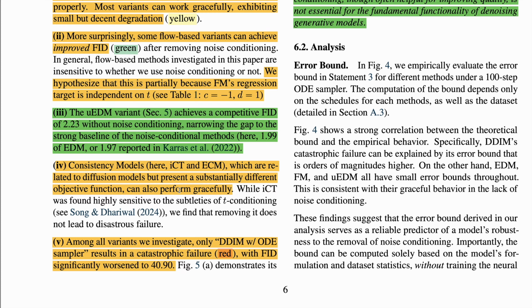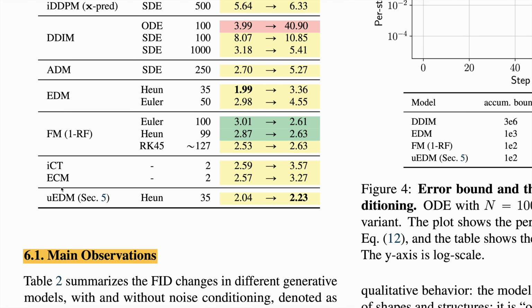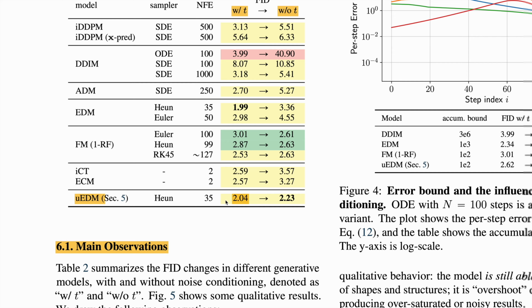The loss in quality is not so large. Here we also see the UEDM model. It's not performing as well as the EDM model, but it's quite close. You have a 2.04 FID versus 2.23. So it's quite close, the new formulation of EDM without noise conditioning.